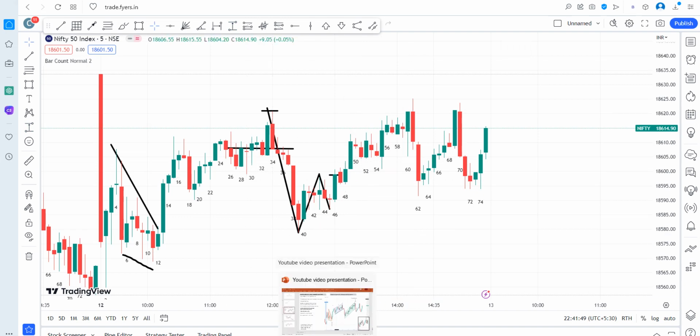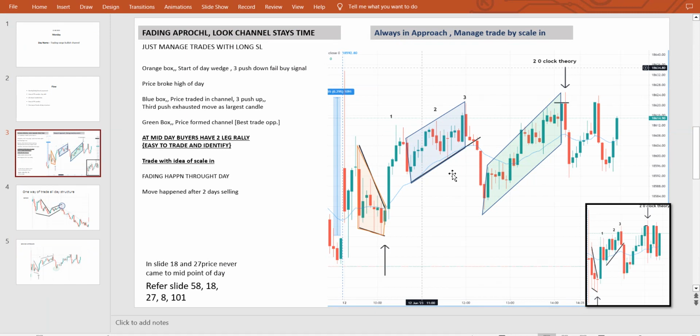I have described it as well. Always in approach, manage trade by scaling, fading approach, look at channel. Here what happened today is that price stays in channel for longer time.